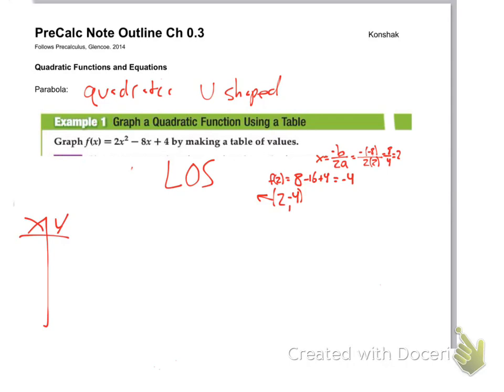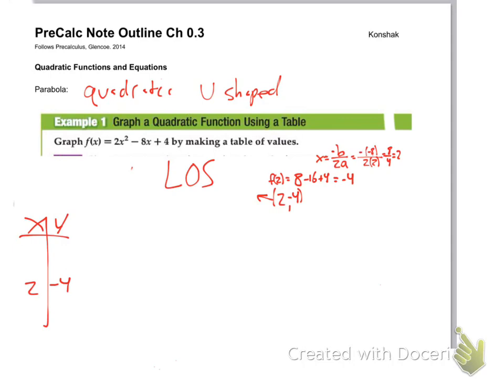I need to do all of that work before I can even make a table. So where does this go in the t-chart? The center, because the vertex is in the center. So this is 2, -4.